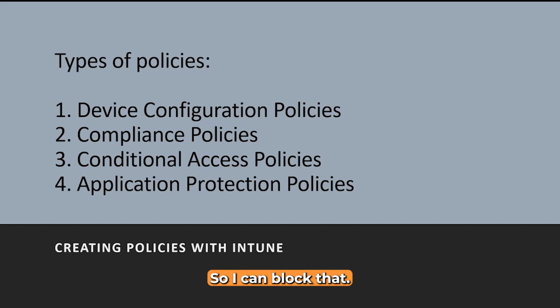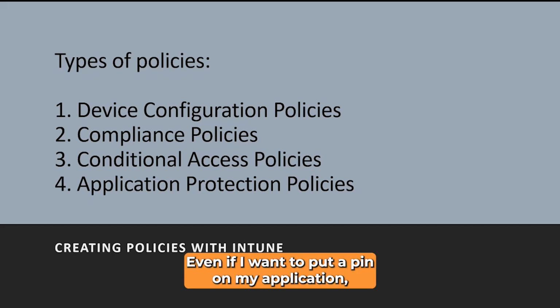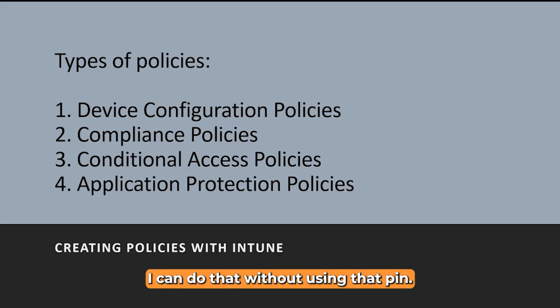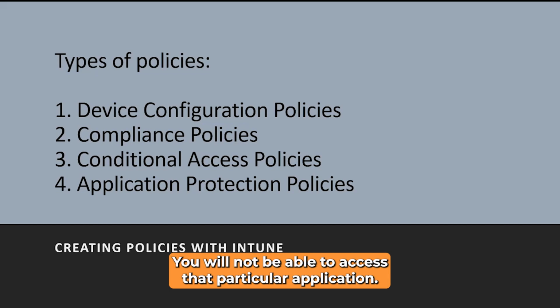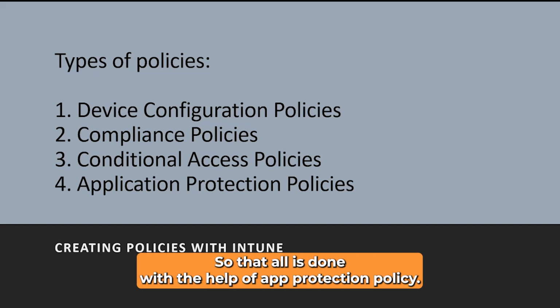I can block that. I can even put a PIN on my application, and without that PIN, you will not be able to access that particular application. That is all done with the help of app protection policy.